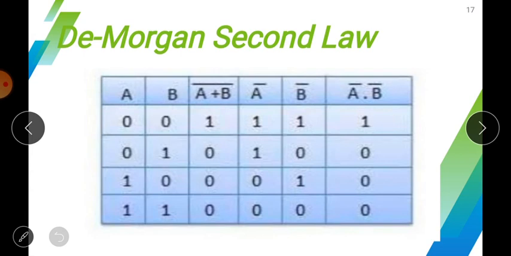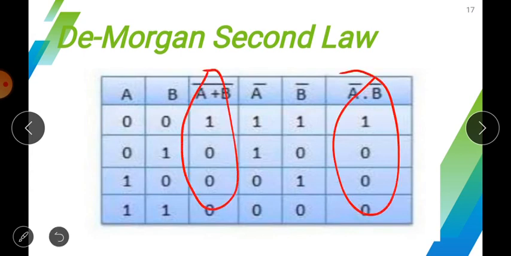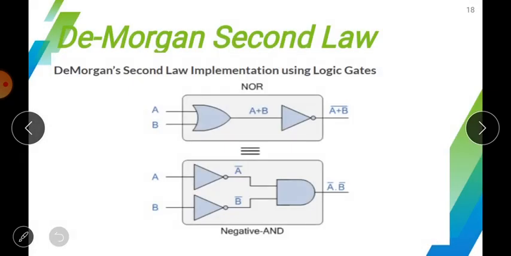You can see that this column and this column are perfectly equal, the equivalent columns are these two. So De Morgan's second law is proved with the help of the truth table. With this logic gate diagram you can also prove De Morgan's second law.